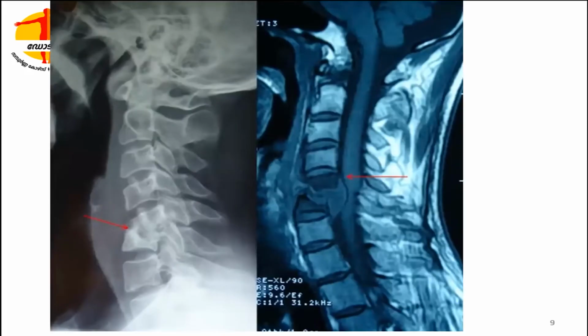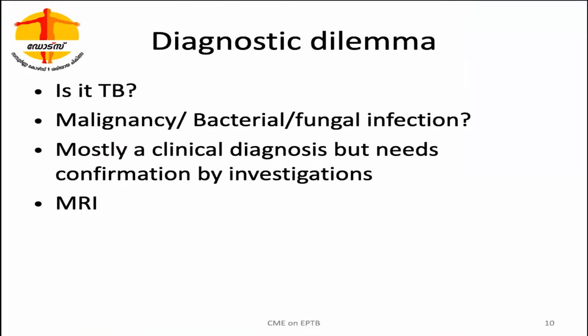But if you see the MRI of the spine, you can very well see the destruction of the vertebrae as well as an abscess formation which indents the spinal cord. So MRI definitely has a role, with higher sensitivity and specificity compared to plain X-rays.